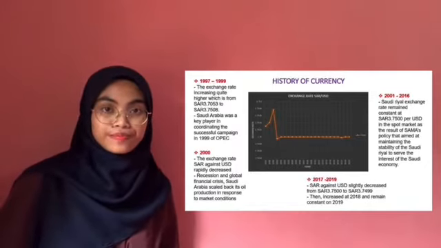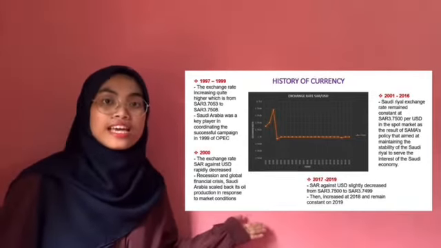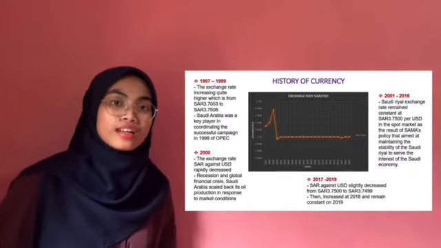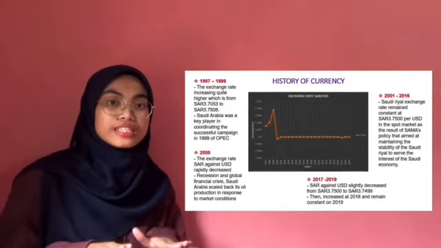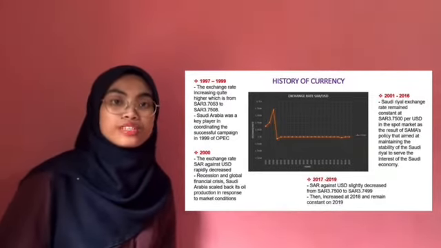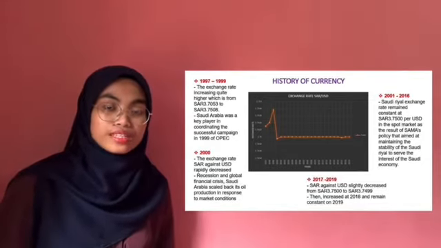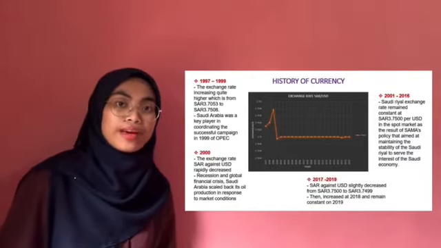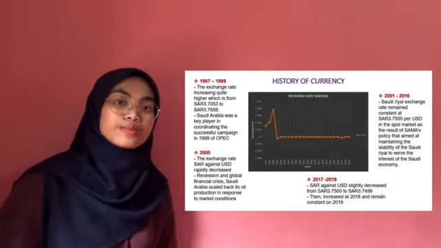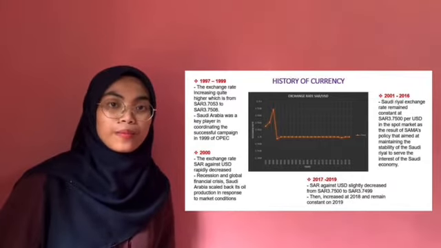In the year 2000, the exchange rate of Saudi Riyal against USD rapidly decreased. It happened due to recession and the global financial crisis. Saudi Arabia scaled back its oil production in response to market conditions.